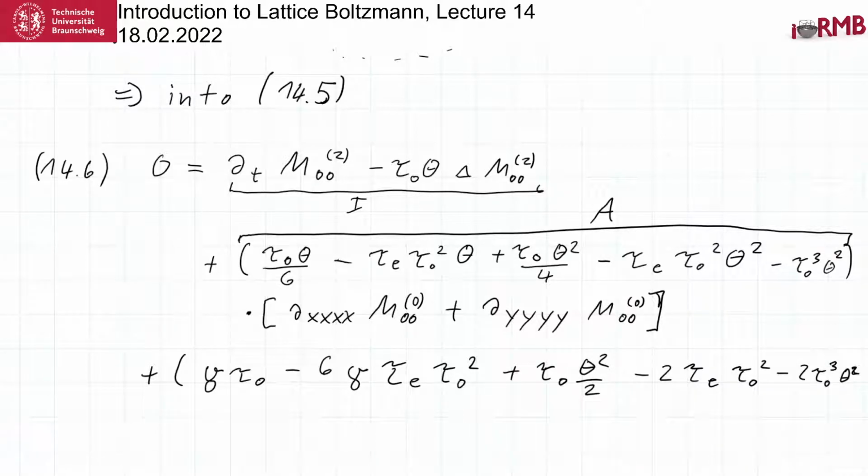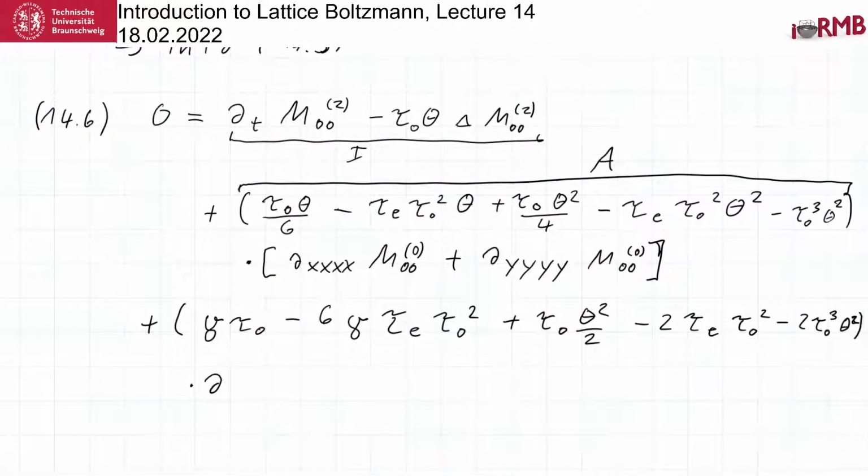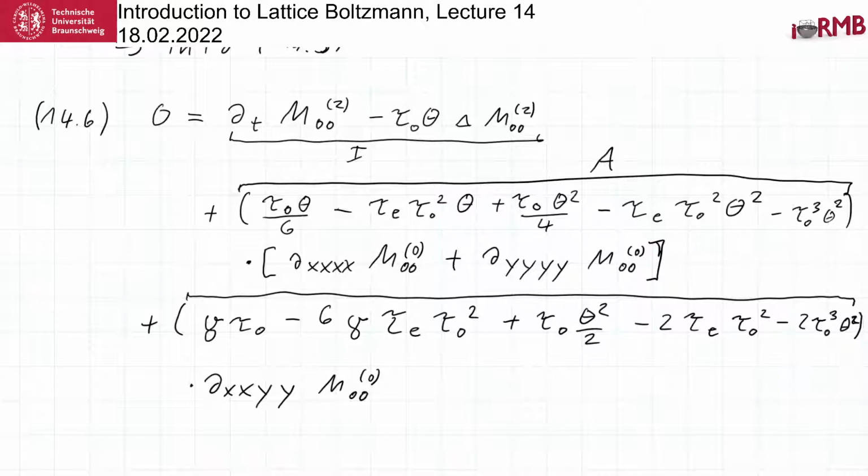So okay, the idea is not to torture you with this. So this goes into dxxy M00, and there's no time derivative anymore here because we've combined them into this spatial derivative. So we call this guy here B. So I don't want to torture you with these large terms. So this is more or less the idea behind this. So even if this would not be correct, yeah, you should just see the structure of this.